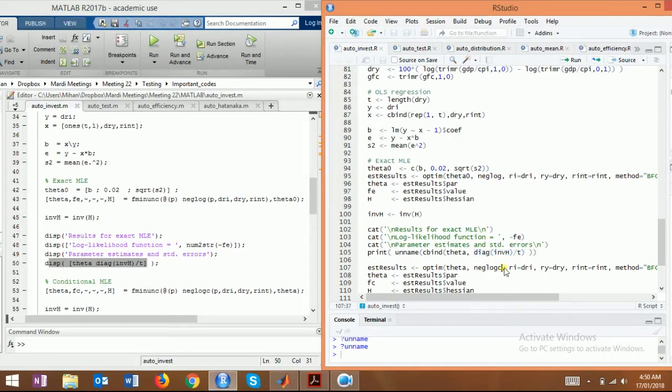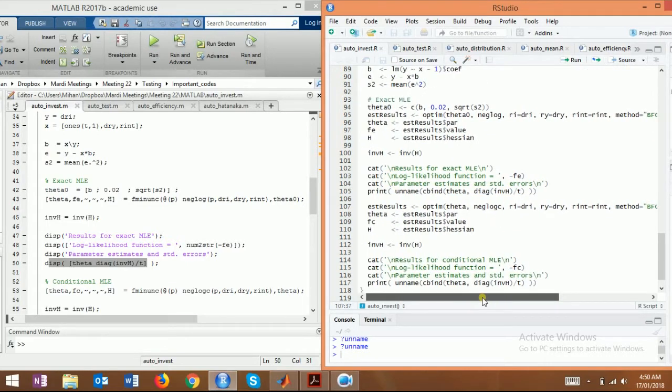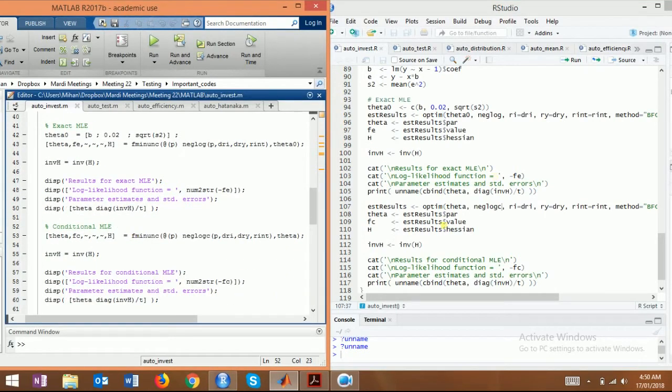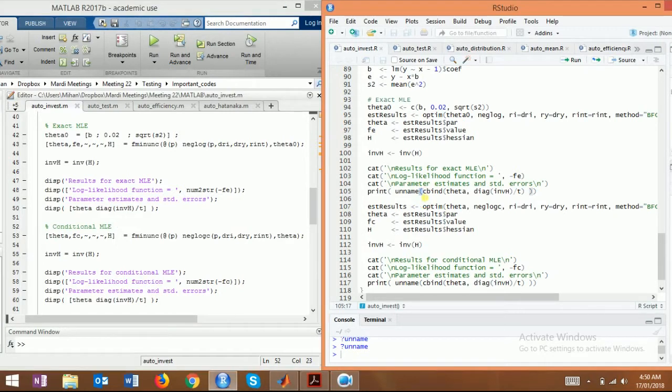No, I don't think there is anything called unnamed. Okay, so conditional maximum likelihood estimates basically are just removing the names. It's kind of like that if you're talking about that.